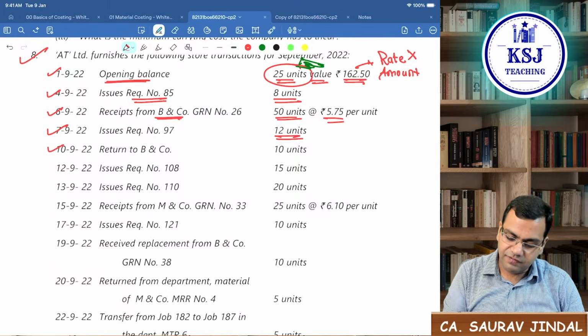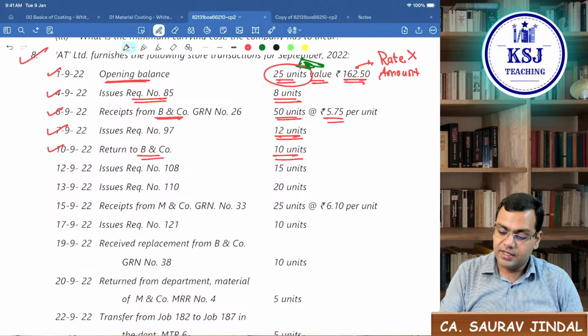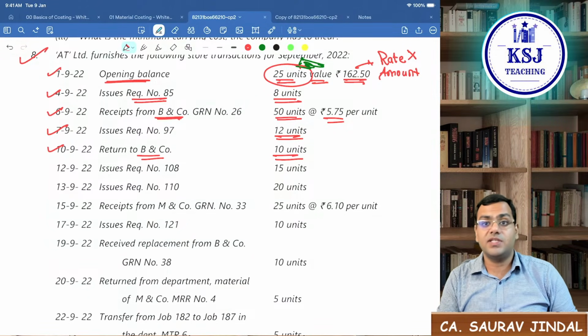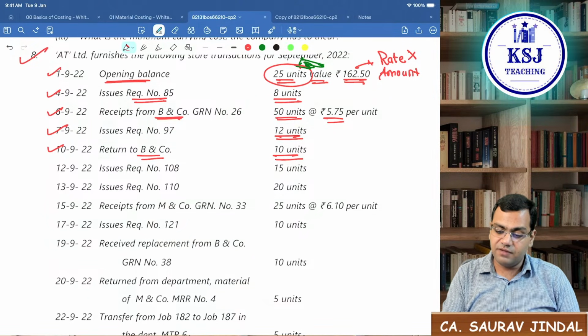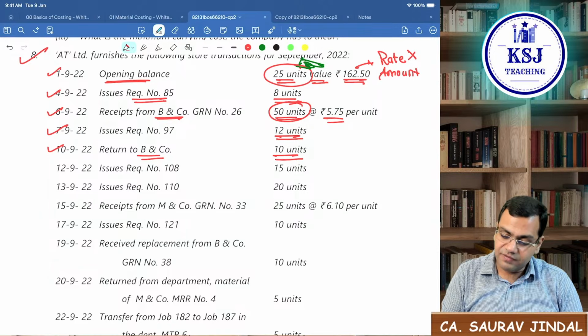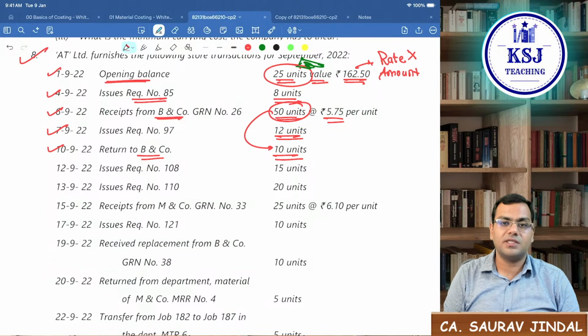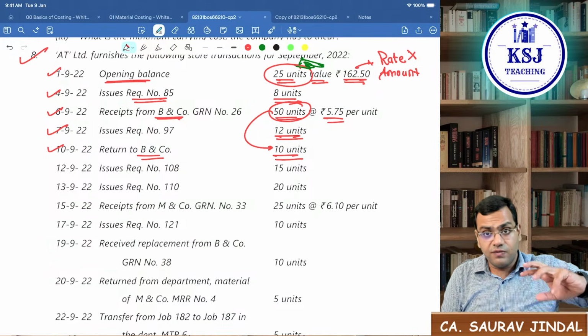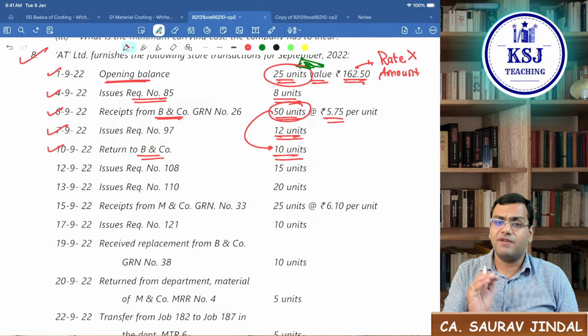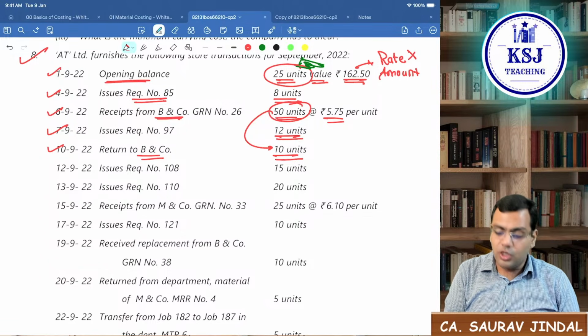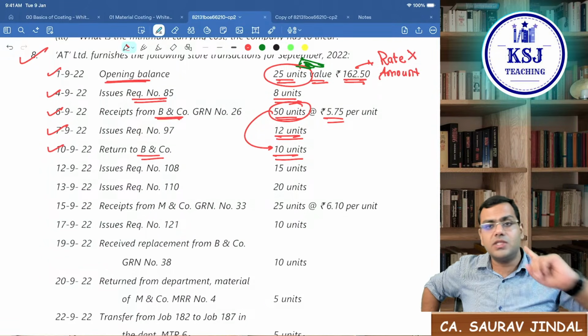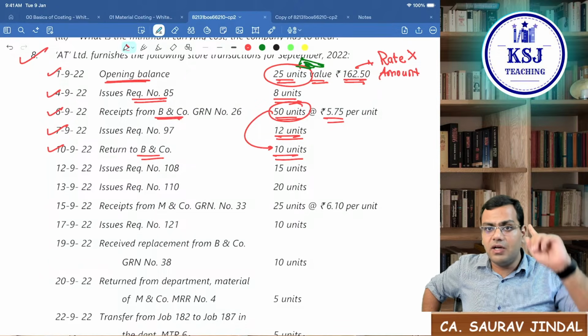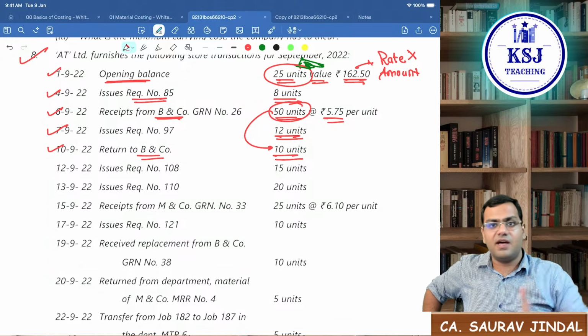Then on 10th of 9, return to B and Company 10 units. Now be very careful here. From the B and Company we have received 50 units. Out of that 50 units, 10 units you are saying were defective. So we are returning those 10 units. At what value you will return? I told you that if it is a return to the supplier, in that case you will not see FIFO or LIFO method or weighted average method.